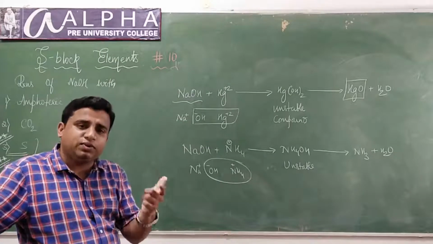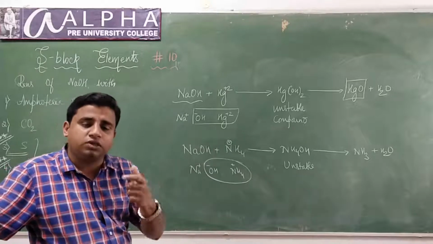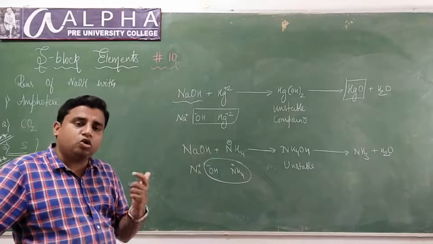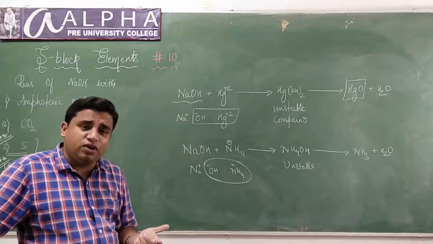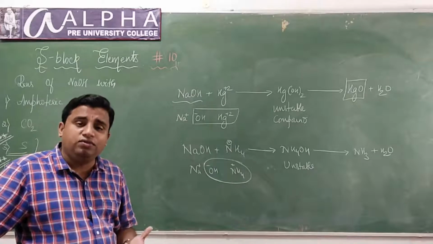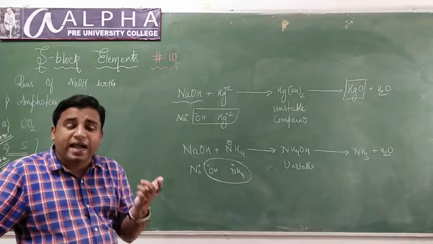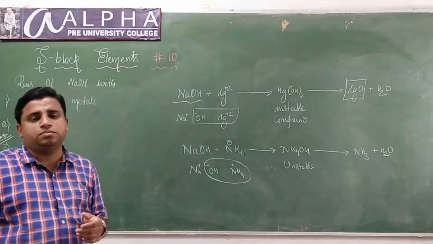Copper ion forms a blue colored compound. Aluminium forms a white compound. Chromium forms a green colored compound. Nickel forms again a green colored compound. Manganese will form a blue colored compound. Please remember the color of those compounds.